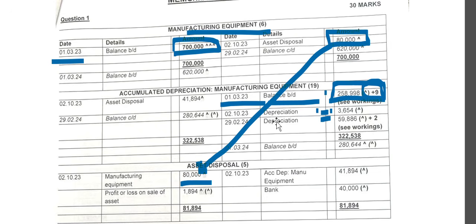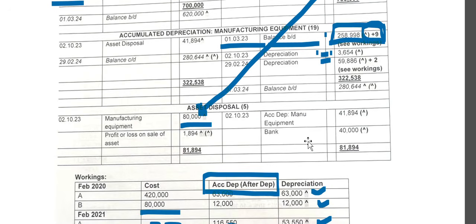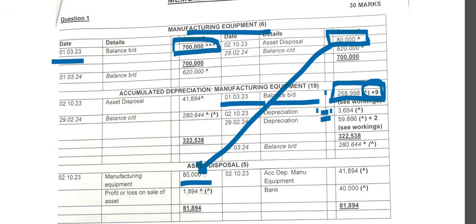Now what we need to do, seeing that we've depreciated this up until date of sale, we need to transfer the accumulated depreciation for asset B, the equipment B, to the asset disposal account, and the amount is 41,894. It must get transferred to asset disposal.